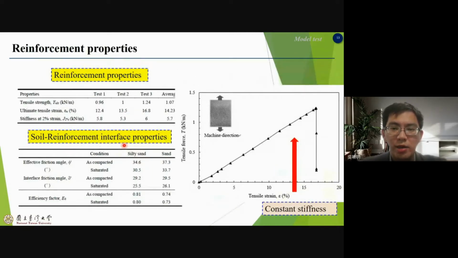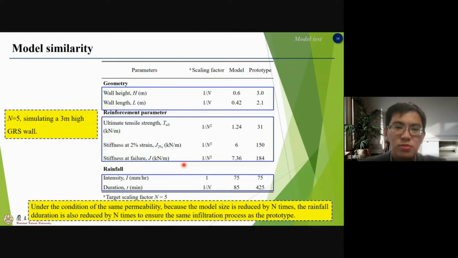There are 2 main types of reinforcement parameters, namely reinforcement properties and the soil-reinforcement interface properties. The model similarity uses the Buckingham pi theorem to reduce the model, and the scaling factor is 5. It scales down the geometry, soil parameters, reinforcement parameters, and the rainfall-related parameters.